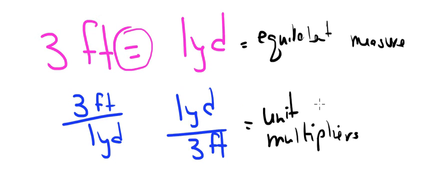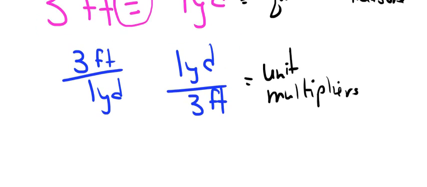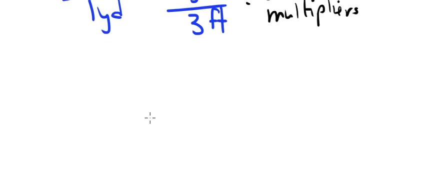All right, now this is where I should be able to scroll up and get rid of some of that stuff. And so, here's our first problem, guys. It wants us to take 240 yards, and it says select unit multipliers from example 1 to convert 240 yards to feet.